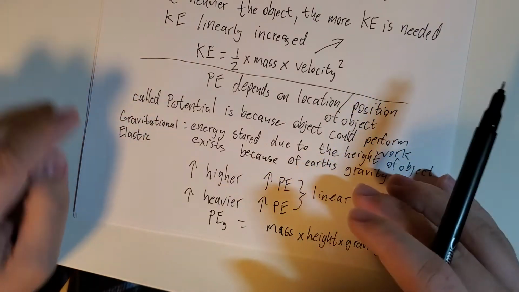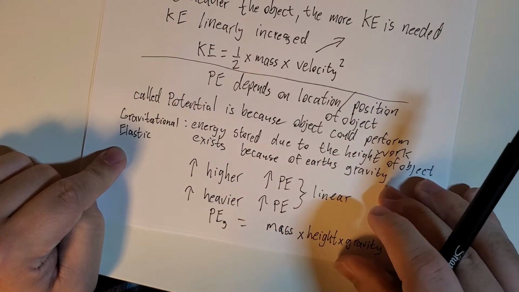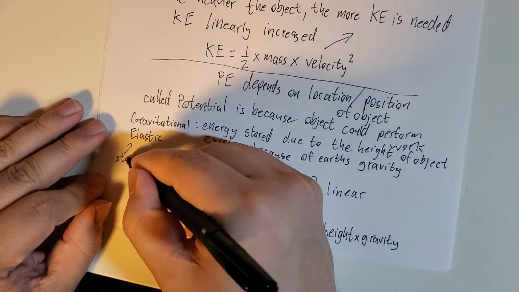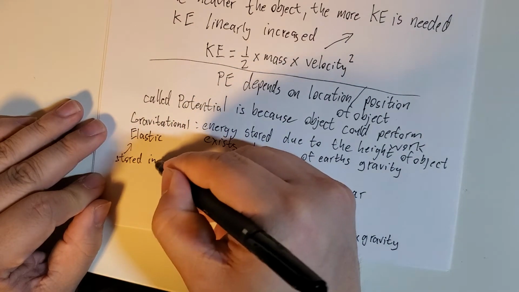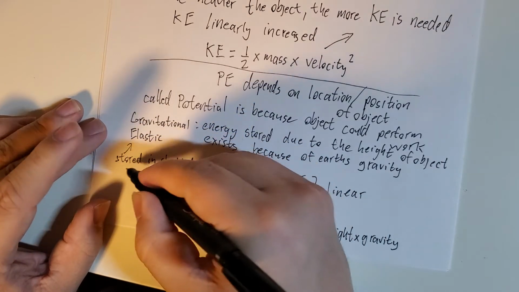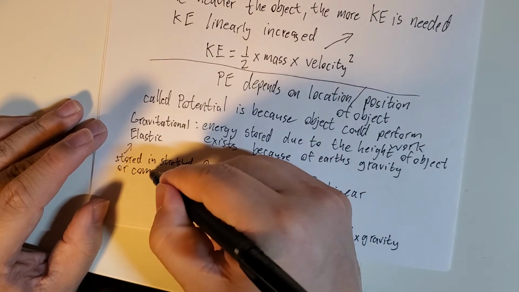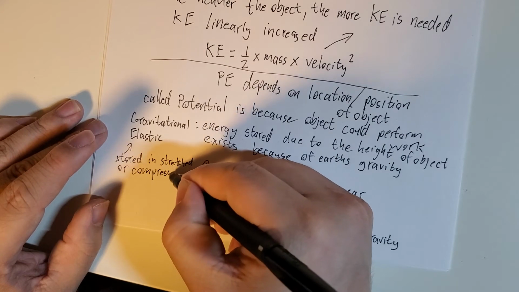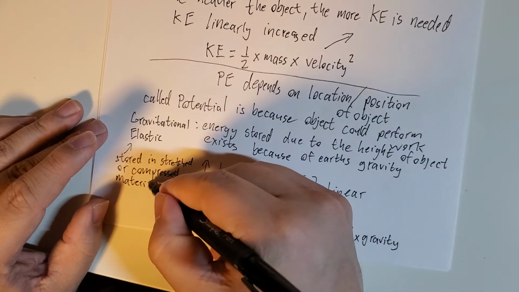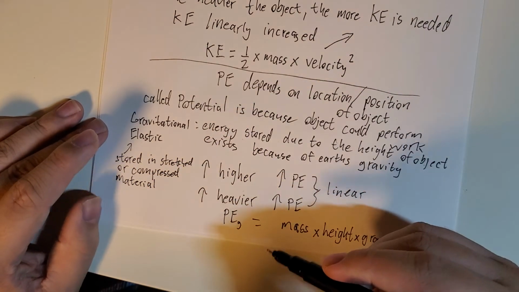There is one other one we're talking about, and that is elastic. This is energy that is stored in stretched or compressed material, like in rubber bands or springs.